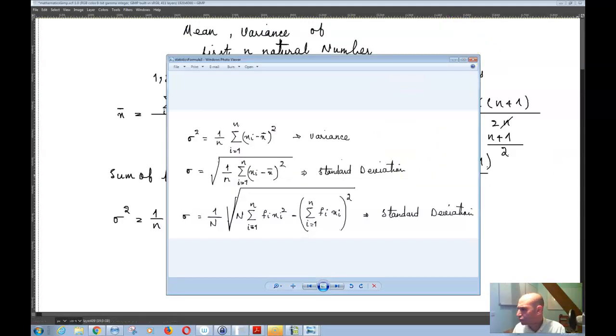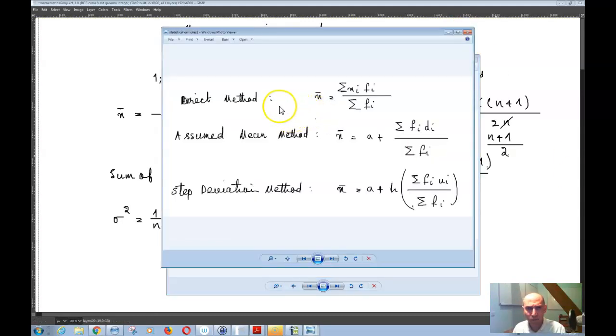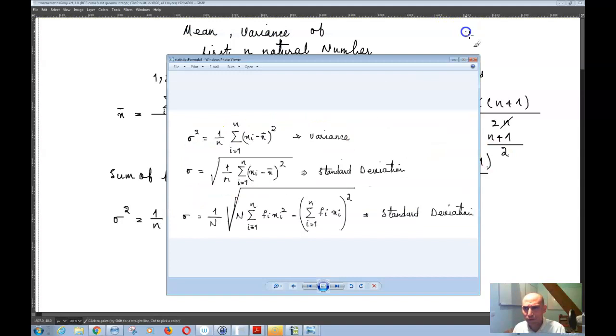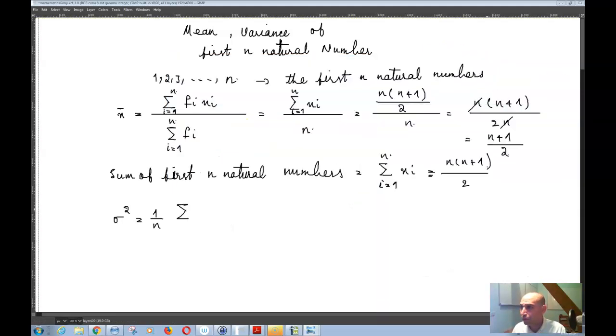That is the step deviation method. But as far as I know, f of i has to be there. Let me see. Okay, so I'm going to take a look at the solution here.